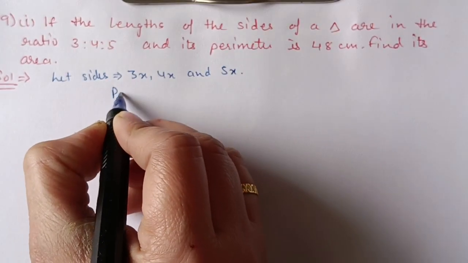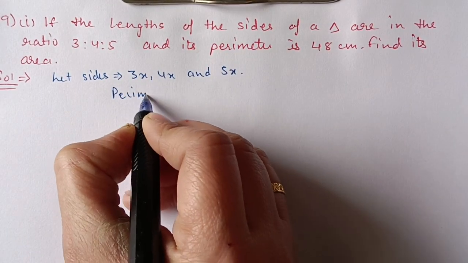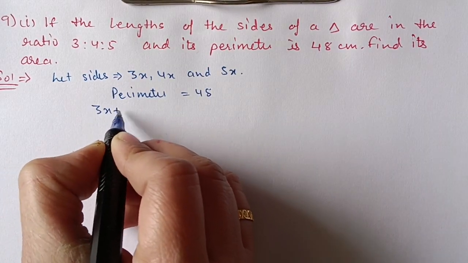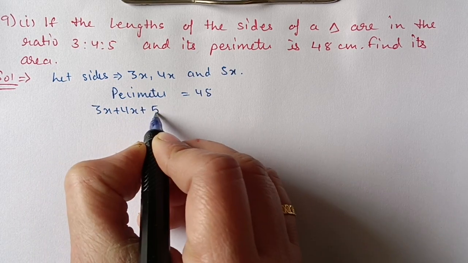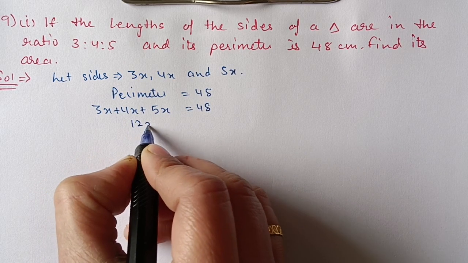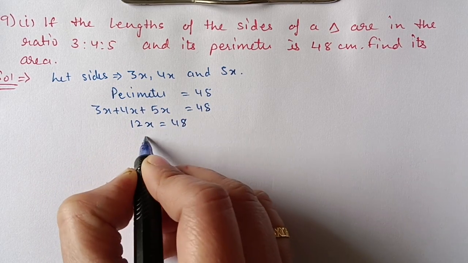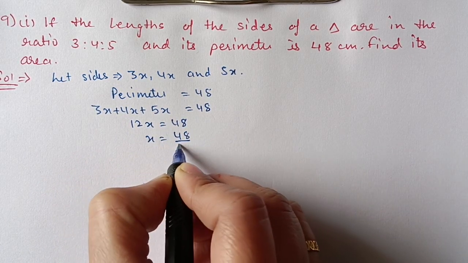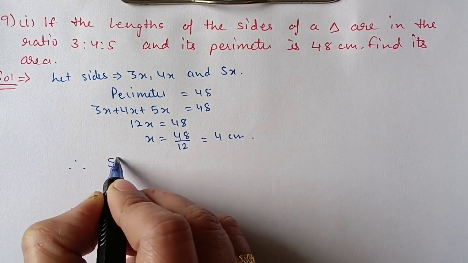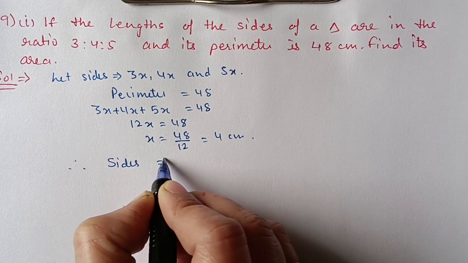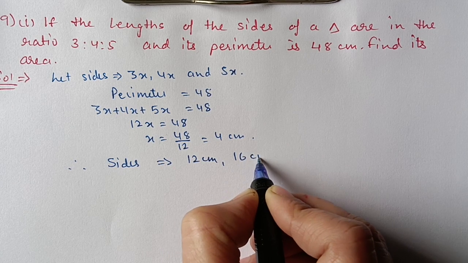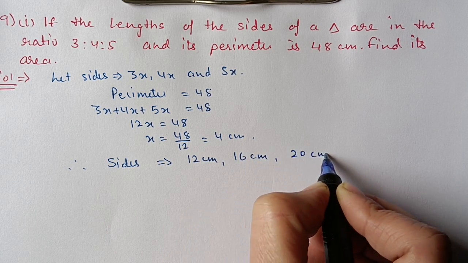Because its perimeter is given 48, so we can write 3x plus 4x plus 5x, sum of all three sides will be equal to 48. So 12x is equal to 48. So x value will be 48 by 12, 4 centimeter. So therefore sides are 3 into 4 12, 4 into 4 16 and 5 into 4 20 centimeter.